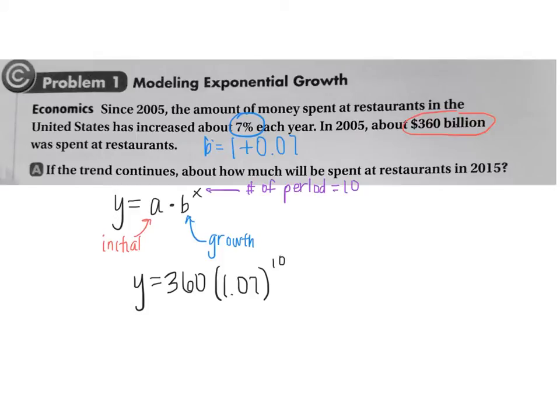So right now what I want you to put in your calculator is 1.07 to the 10th power equals. Now don't take that out of your calculator, leave it in there, then say times 360.